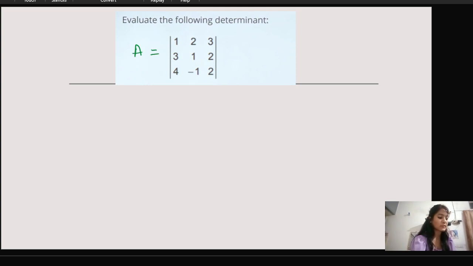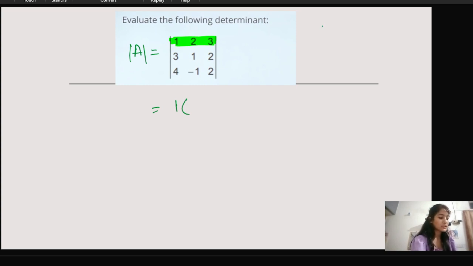Let us suppose the matrix is A. What is the determinant of this matrix? First take the element 1. What will be the cofactor of this element?